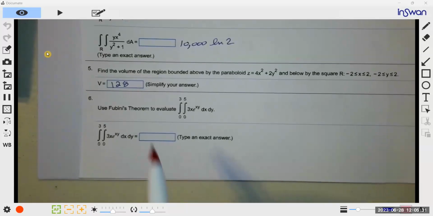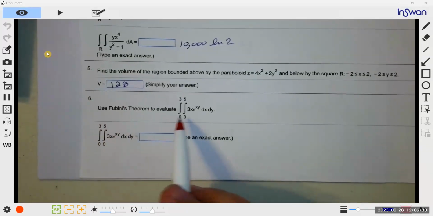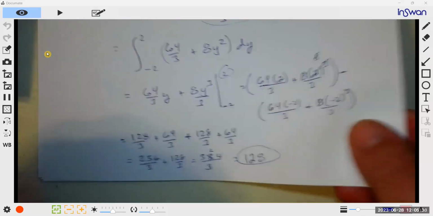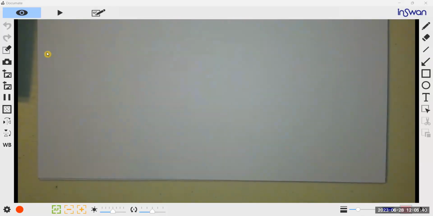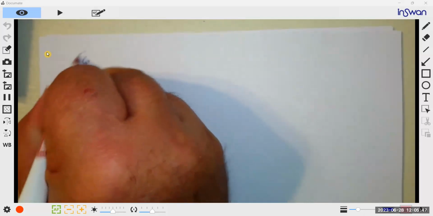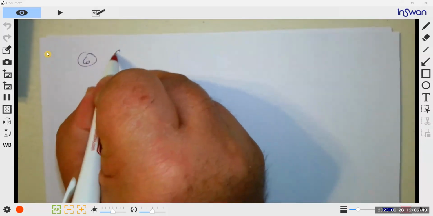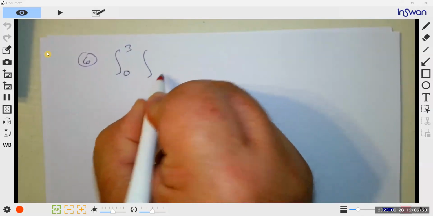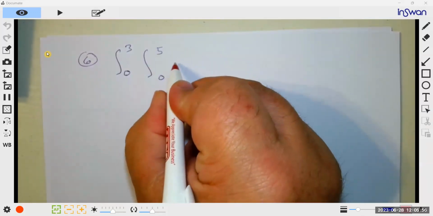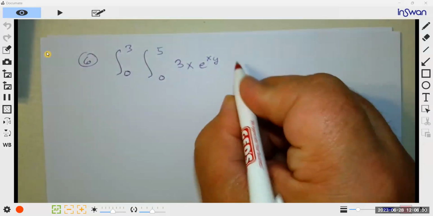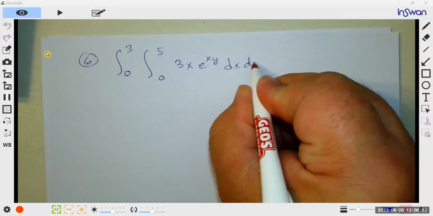And last one, use Fubini's theorem to evaluate this function. We have 0 to 3, 0 to 5, 3x e to the xy dx dy.